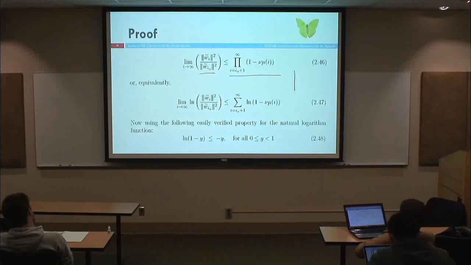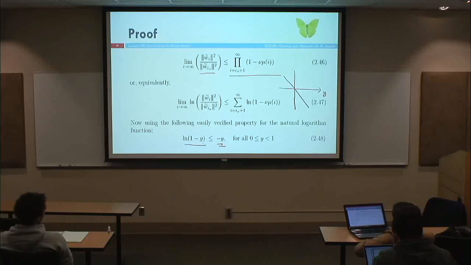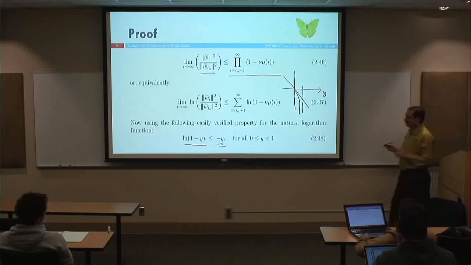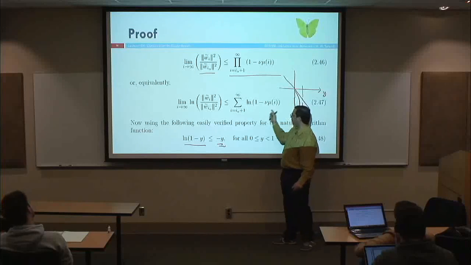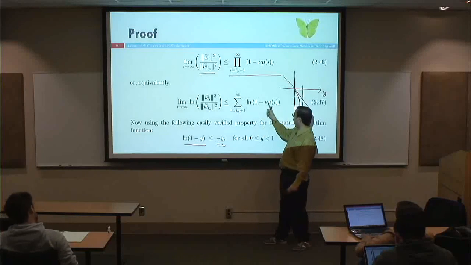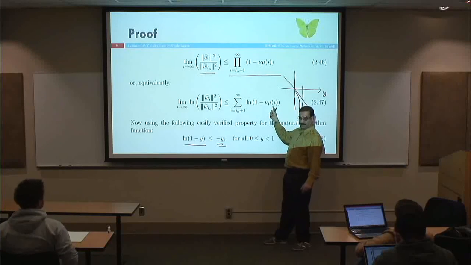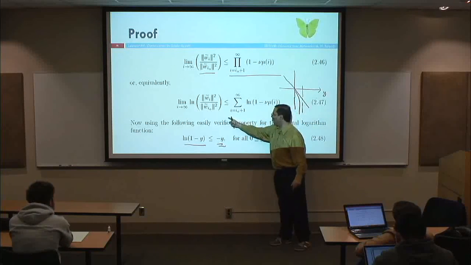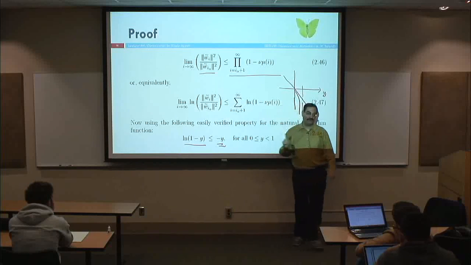If you plot the function ln of 1 minus y between 0 and 1, the function will look like this. It's lower. So the log of 1 minus y is upper bounded by the negative of y. So I can replace this by less than or equal to the sum of mu I.